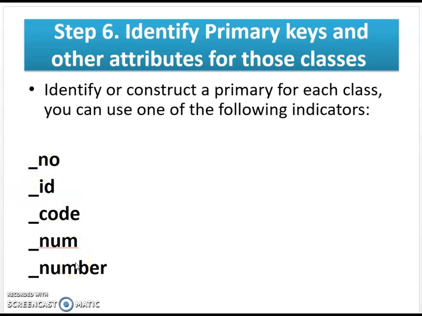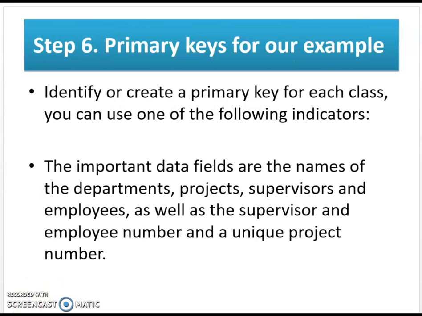This will help you to identify or create your own primary key. From our example, we were told that important data fields are names of the departments, projects, supervisors, employees, as well as the supervisor and employee number, and also a unique project number. This will help us when we are creating our primary keys.